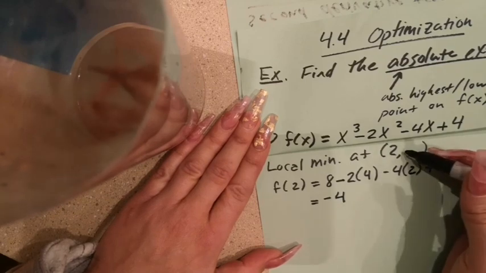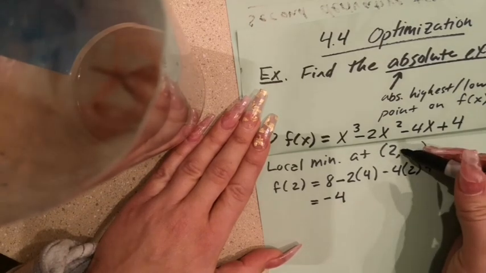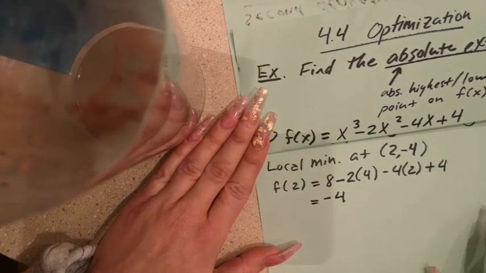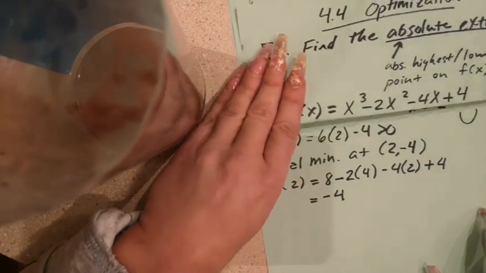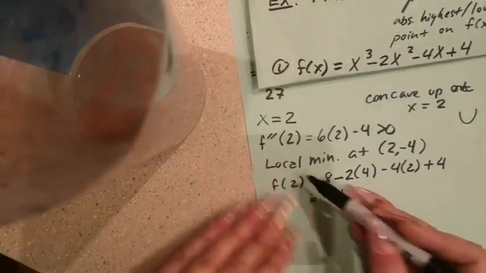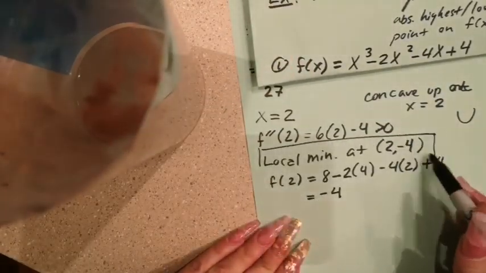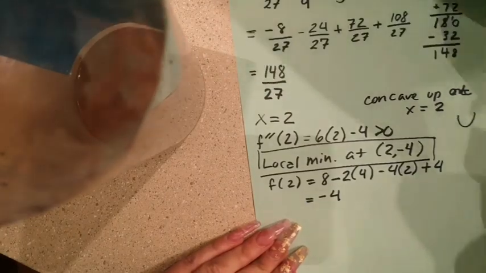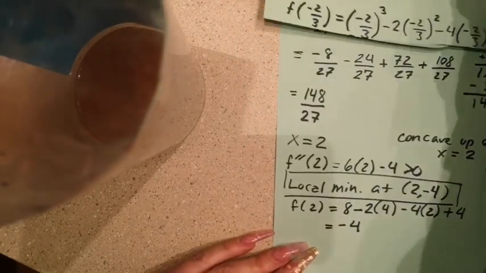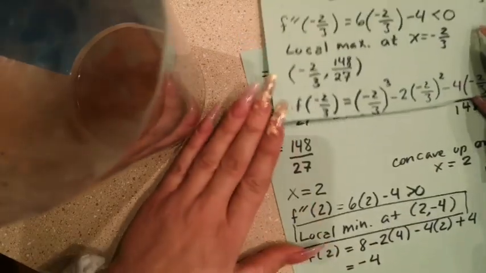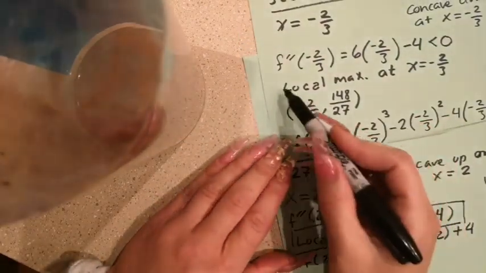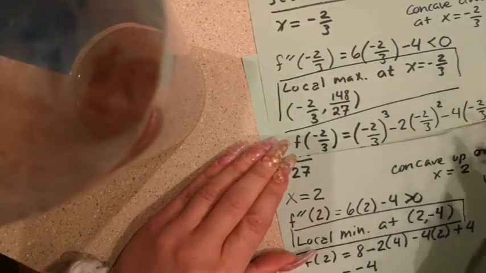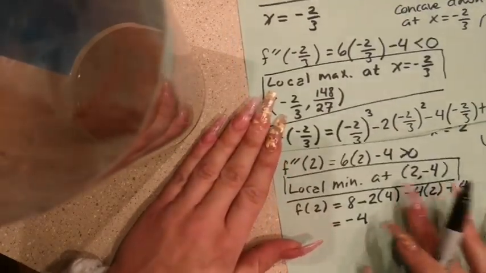So my local min would be at 2, negative 4. So I have my local max here and my local min here.